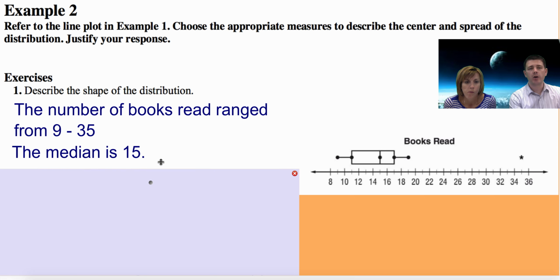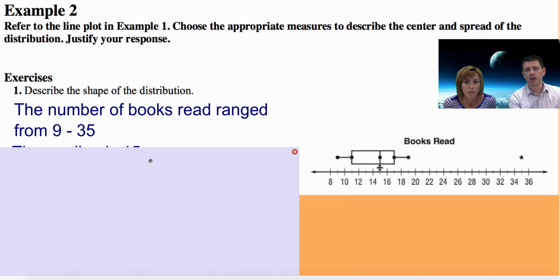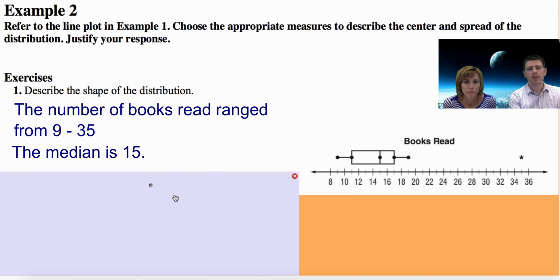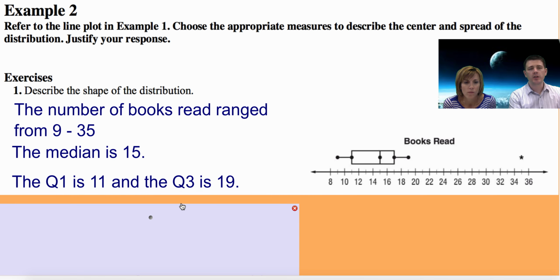So we can start with our range. The number of books read ranged from 9 on the low end all the way up to 35. The median, the middle, is 15. Remember, that's what goes in the middle of the box. Quartile 1 falls at 11, and quartile 3 is at, that should say 17, sorry.